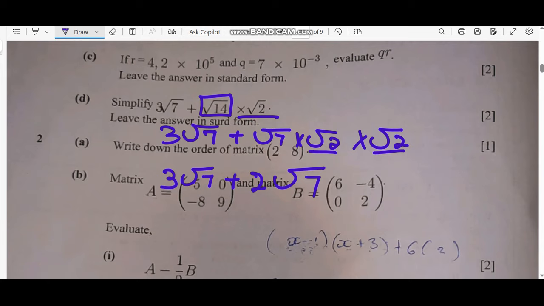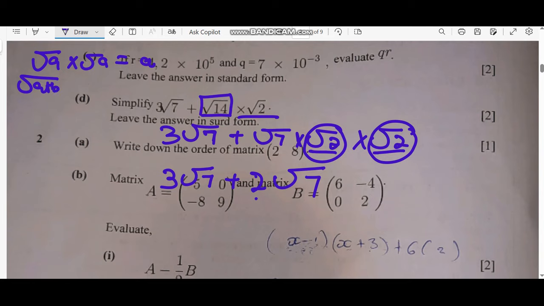Remember, why am I saying root 2 times root 2 gives us 2? There is this law which says root a times root a is equal to a. So root 2 times root 2, you are going to get 2.